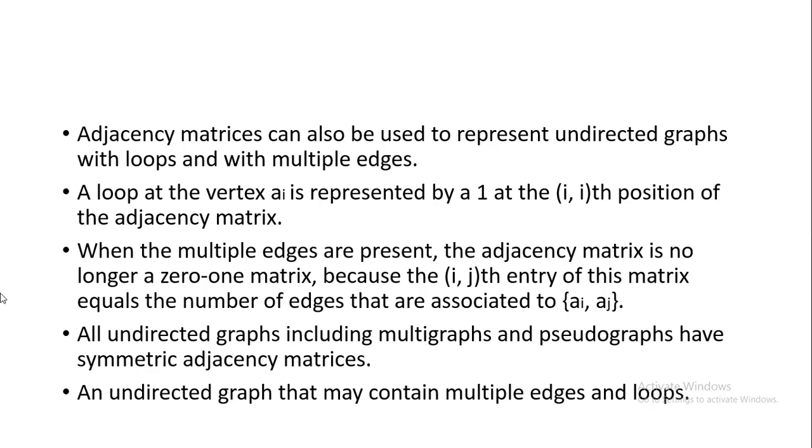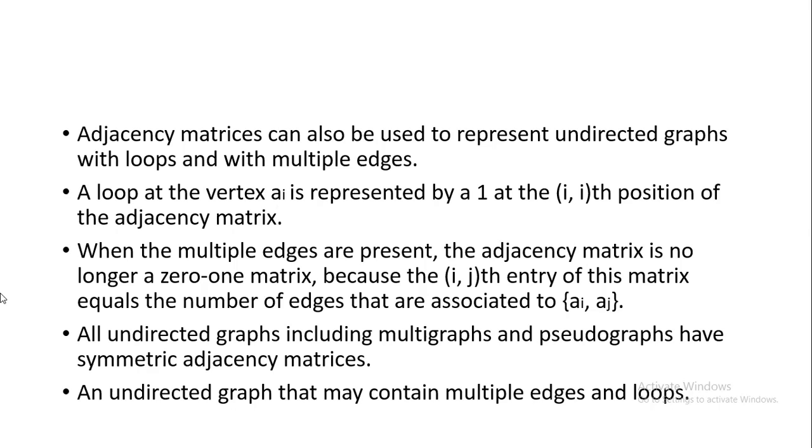Because the ijth entry of this matrix equals the number of edges that are associated to ai and aj. So why is it not a 0-1 matrix? Because 0 stands for no edge between i and j, and 1 stands for an edge present between i and j.